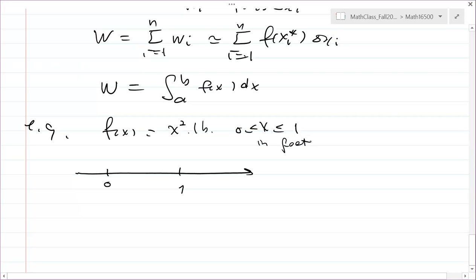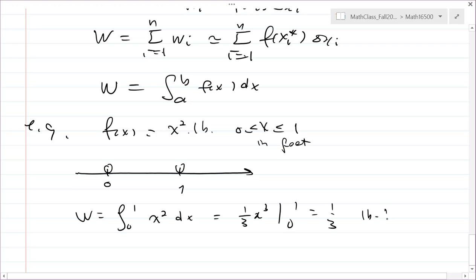All right, so now the work done by pushing the box from here to here is going to be the integral from 0 to 1 of x squared dx. So it's 1/3 x cubed, just 1/3. Now how do you write the unit? If you don't have a specific name for that, create a name, then you just say pound feet. It's pound foot.